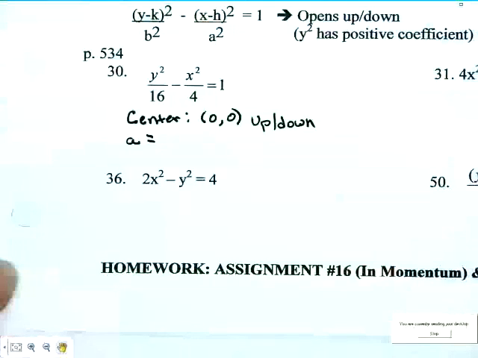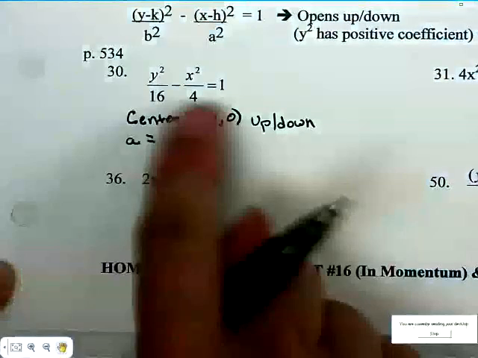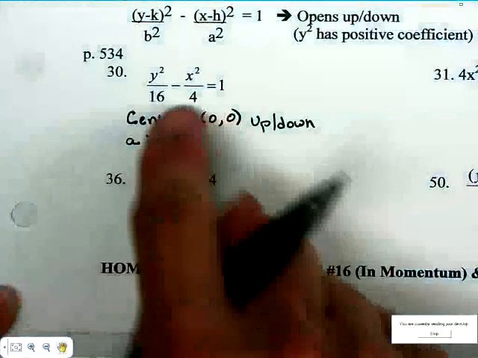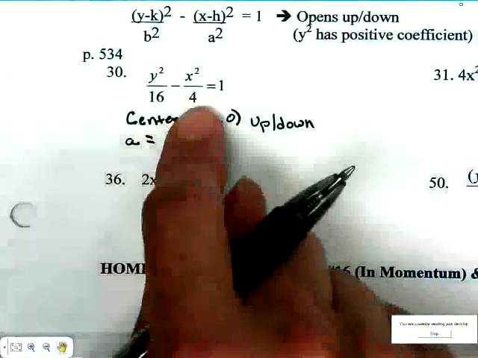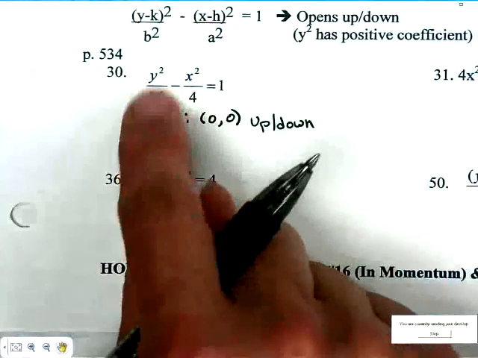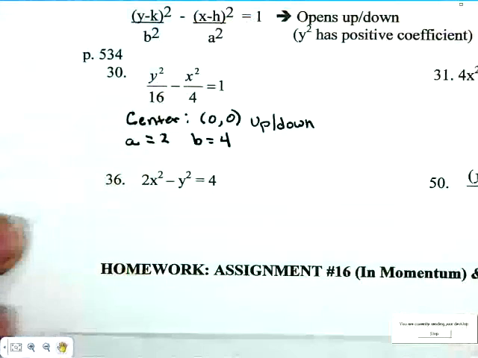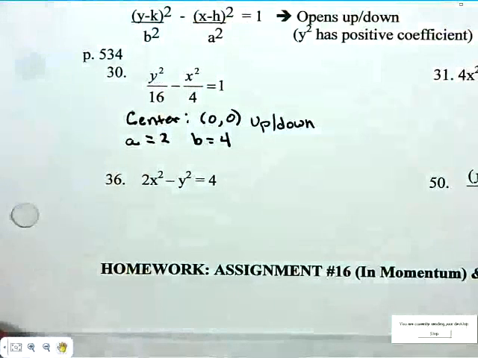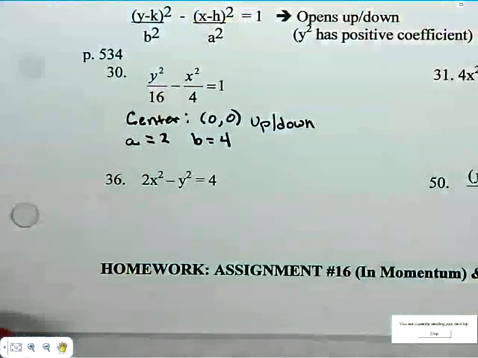Be careful. What do you think is a? Yes, it's under the x's. a is always the square root of the constant under the x's. b is always the square root of the constant under the y's. So a is 2, b is 4. Got it? All right.